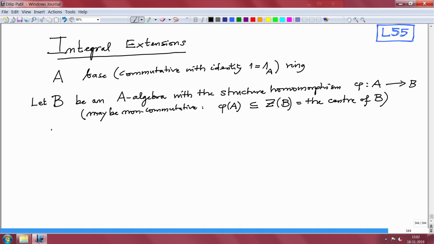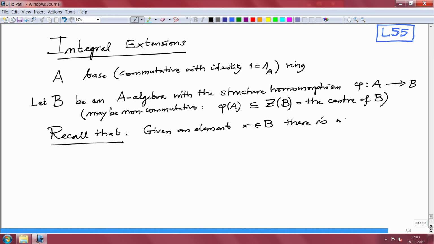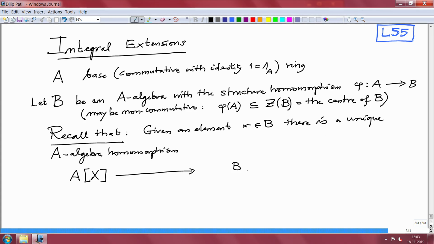Recall that, as we have seen earlier, given an element x in B, there is a unique A algebra homomorphism from A[x] to B which maps x to small x, and I am denoting this by E_x.